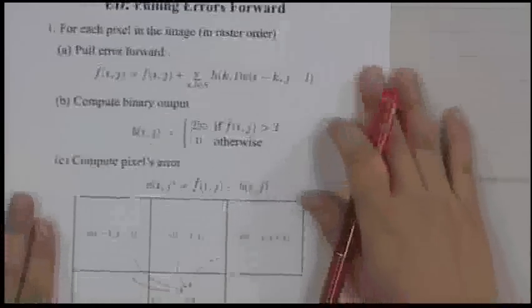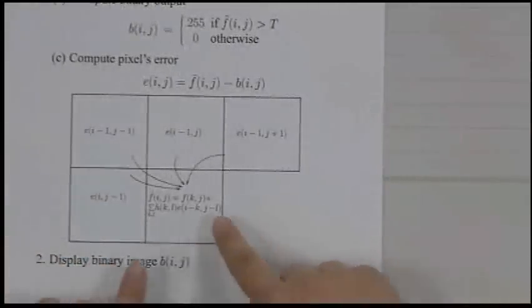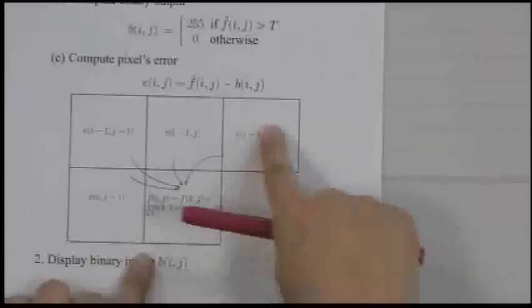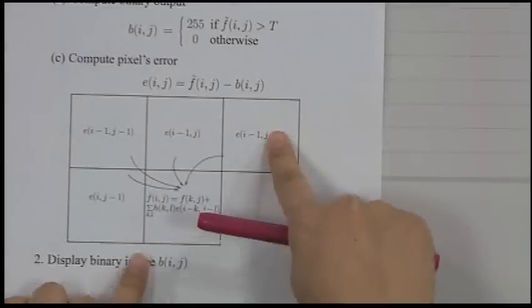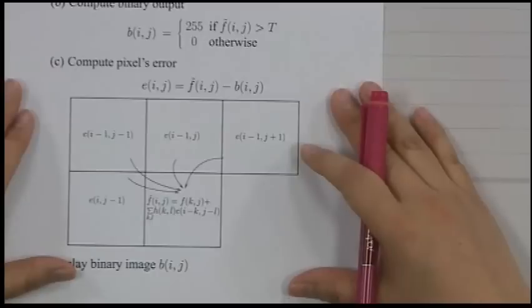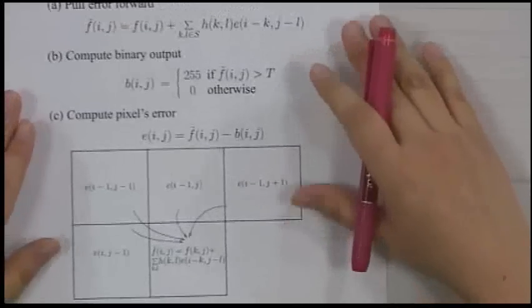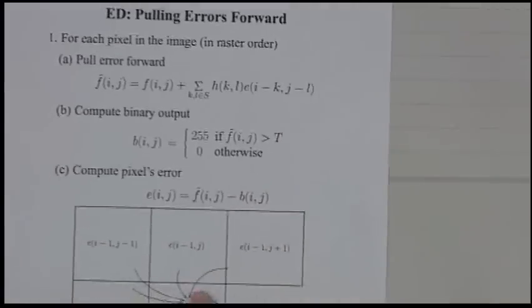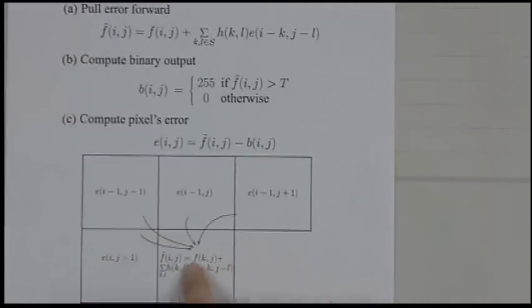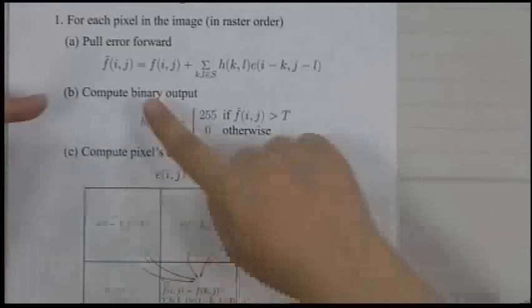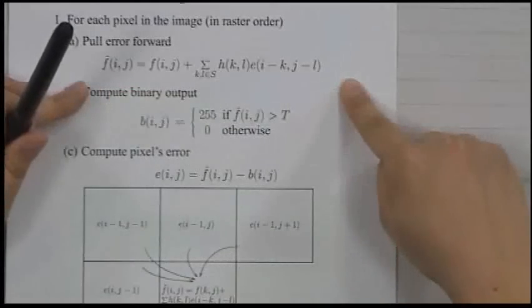And as I told you, this pixel receives error from these neighbors. And actually, this point of view is very useful because we can draw a system diagram from this relationship and we can analyze. So what does it mean? Okay, if we draw a system equation from this relationship, we can write the equation like this.